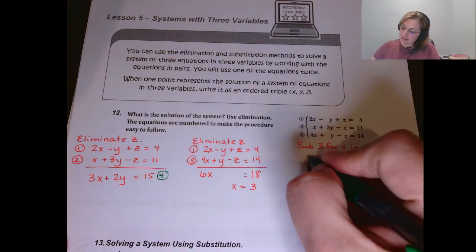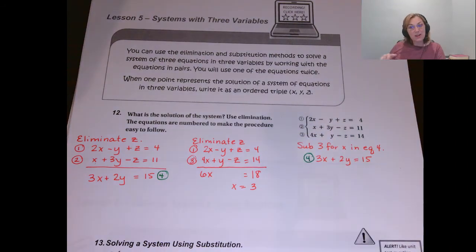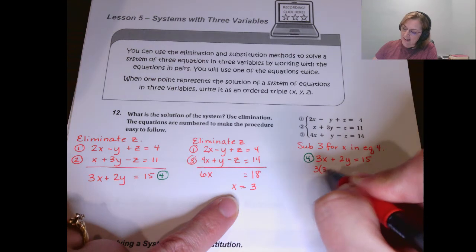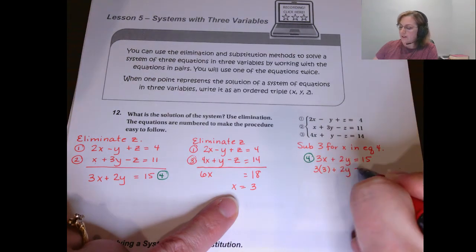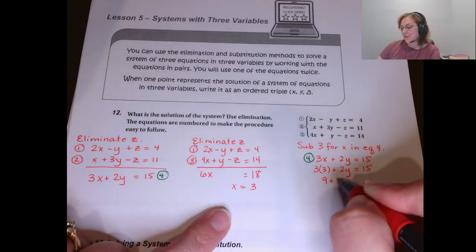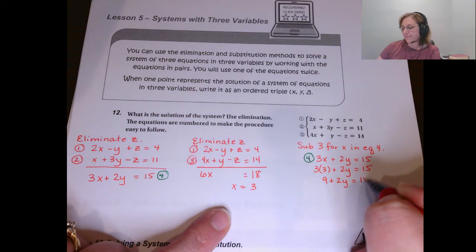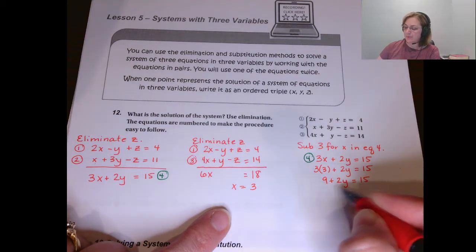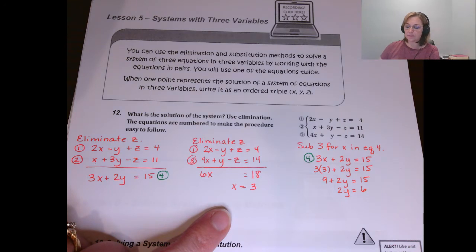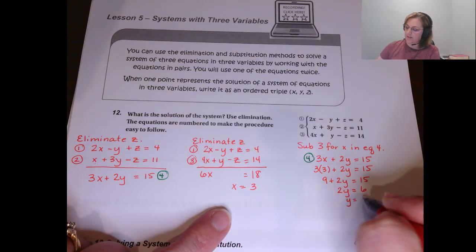And because it only has 2 variables, if I know what one of them is, like x, I can go ahead and solve for y. So I'm going to plug in 3 for x. And then I'm going to turn around and solve for y. So you can subtract 9 on both sides. 2y equals 6. So that y is 3.